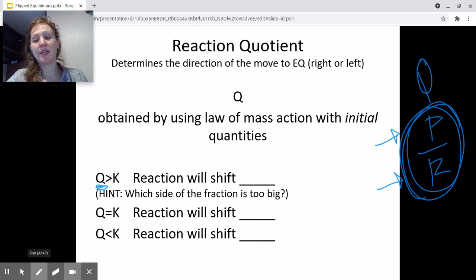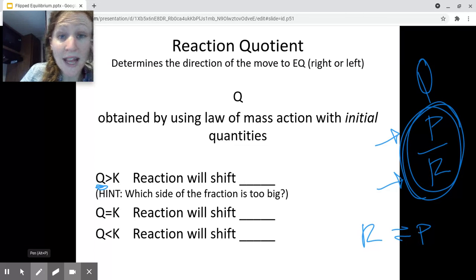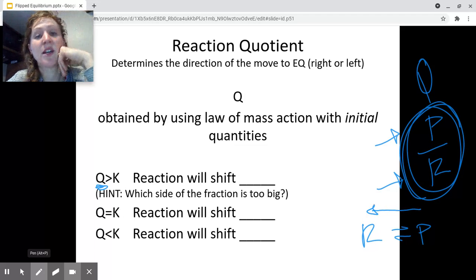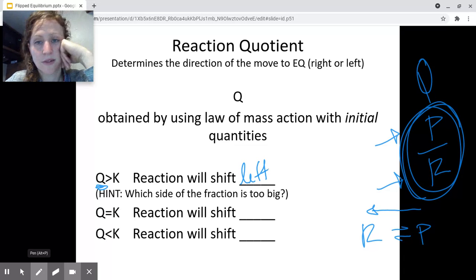So that means we have to shift towards the reactants. So that would be a shift left, right? We're running this reaction backwards as it's written.